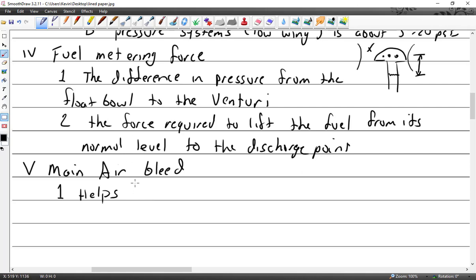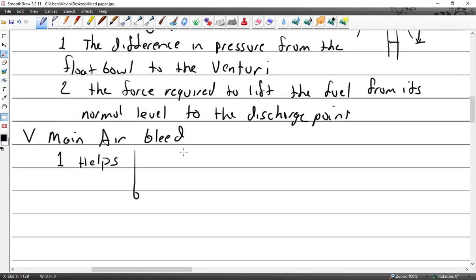But it helps break surface tension of the liquid fuel. Without that, the fuel doesn't want to come out of the nozzle so well.